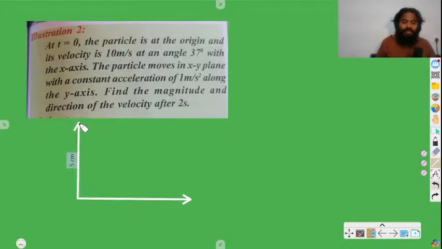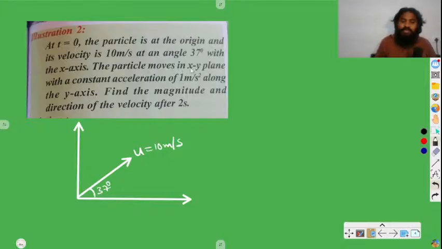This is the initial velocity vector u, equal to 10 meter per second, making 37 degrees with the x-axis.